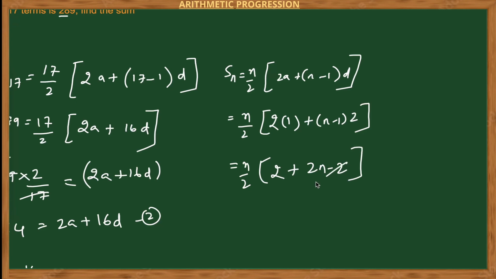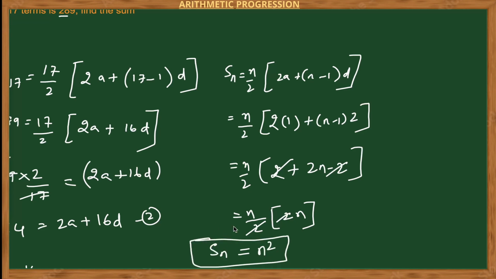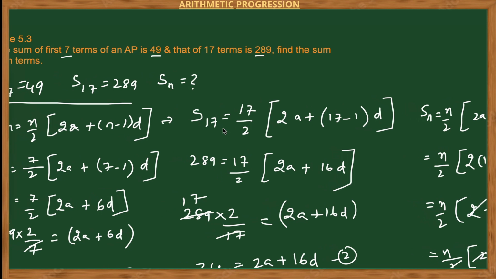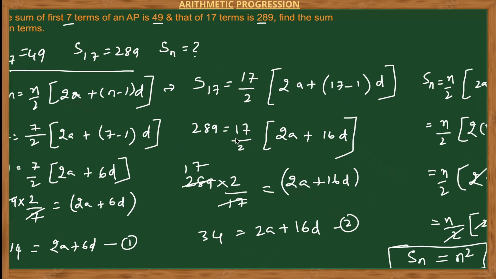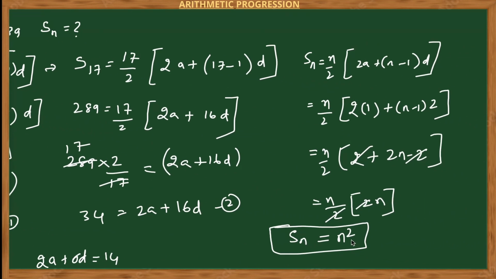Plus 2 and minus 2 get cancelled. Then n by 2 into 2n, the 2s get cancelled, and n into n is n square. Sn is equal to n square. So this is the solution. What is being asked here? They're asking for the sum of the n terms, which we have found to be n square.